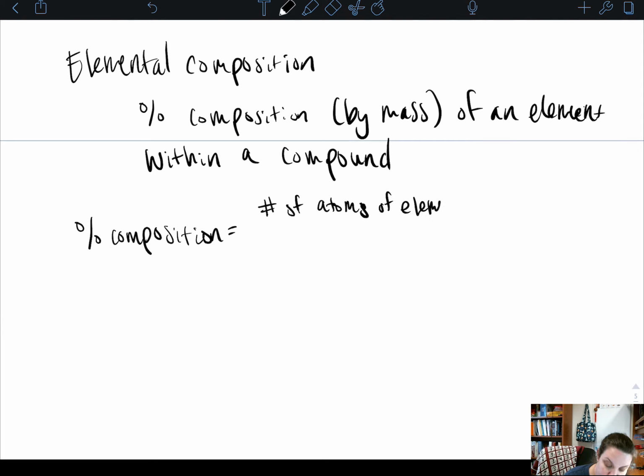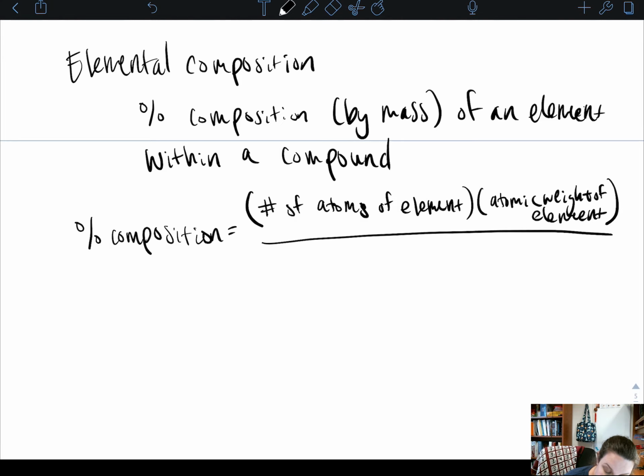So you'll take the number of atoms of a specific element, times it by the atomic weight of the element, divided by the formula weight of the compound.